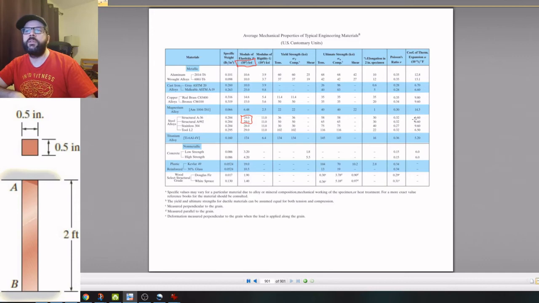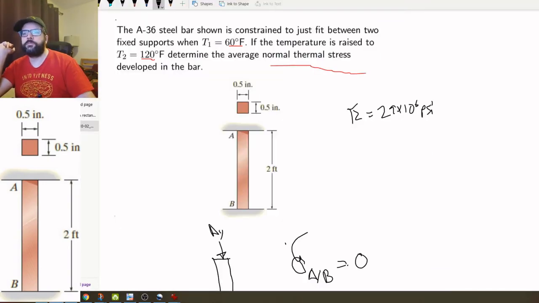For steel, at least that type of steel, we're working with 6.60 times 10 to the negative 6 per degree Fahrenheit.